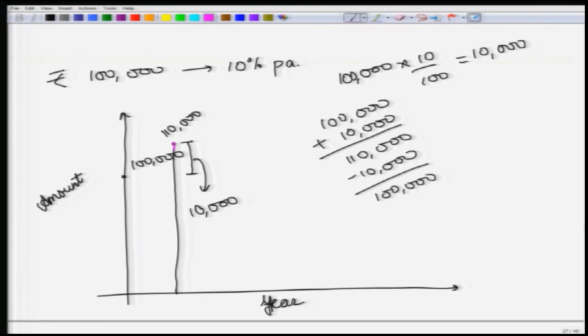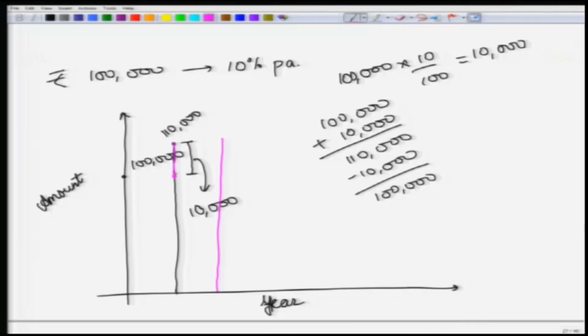So, from here you have shifted back to this point. Now, at the end of the second year again the bank is giving you the interest. Now, because the principal is the same, it is 100,000 rupees. So, now the interest also is the same, it is again 10,000 rupees and so the amount again goes up to 110,000.